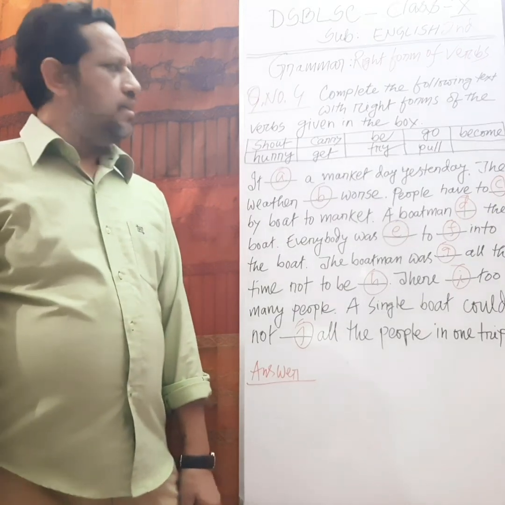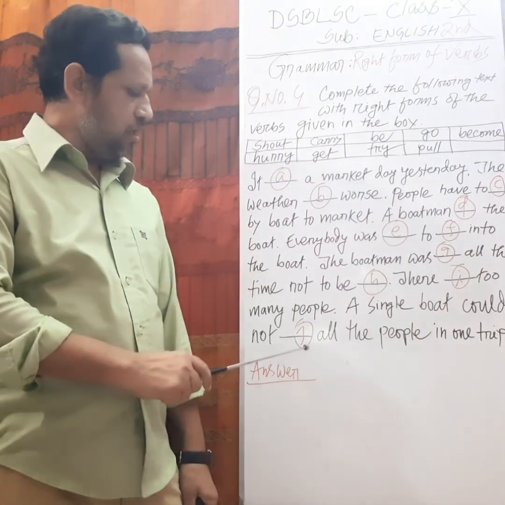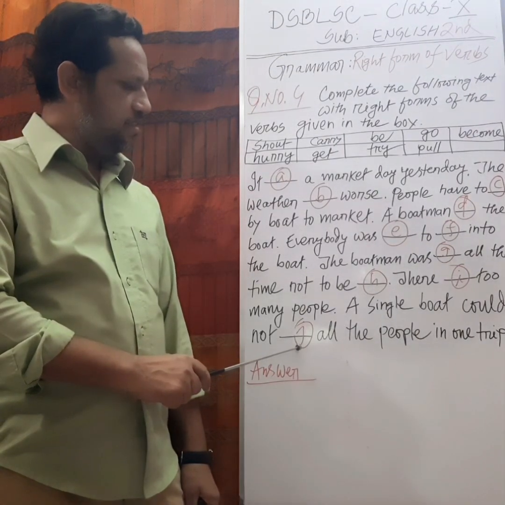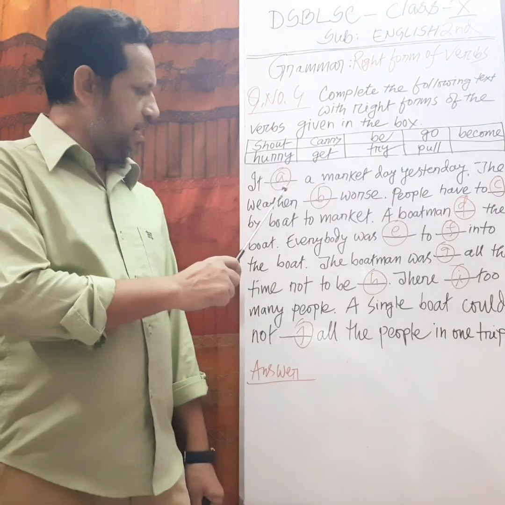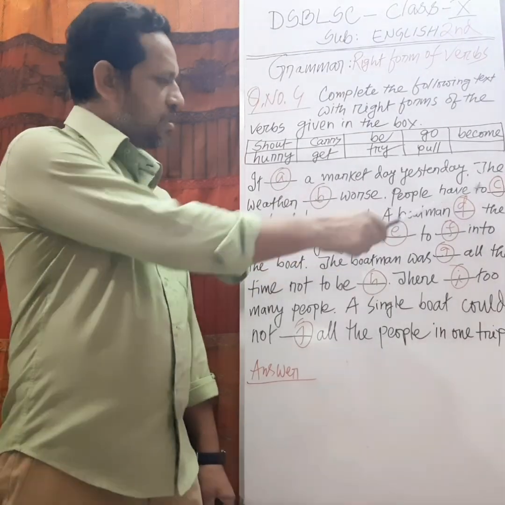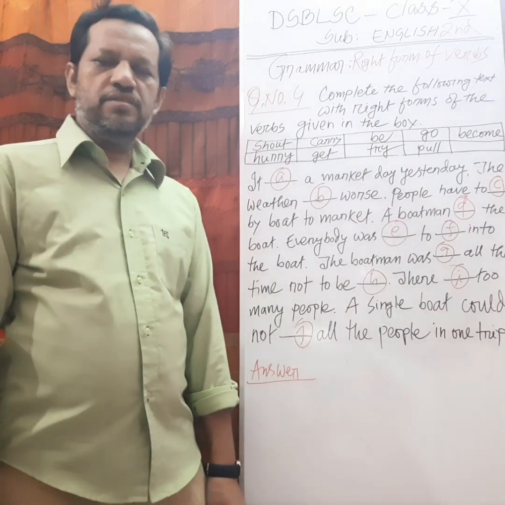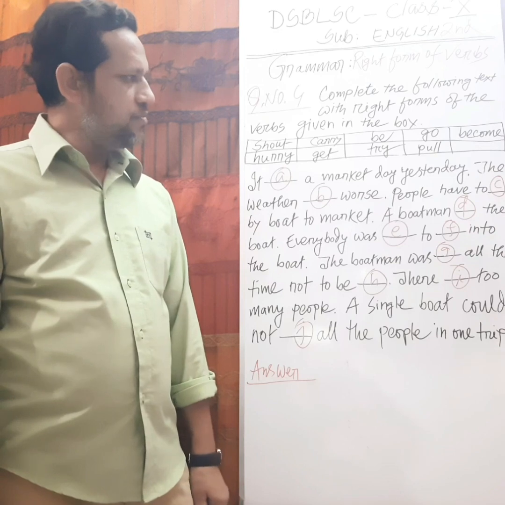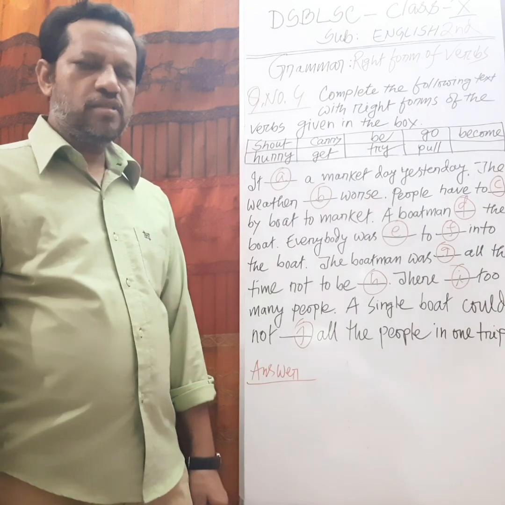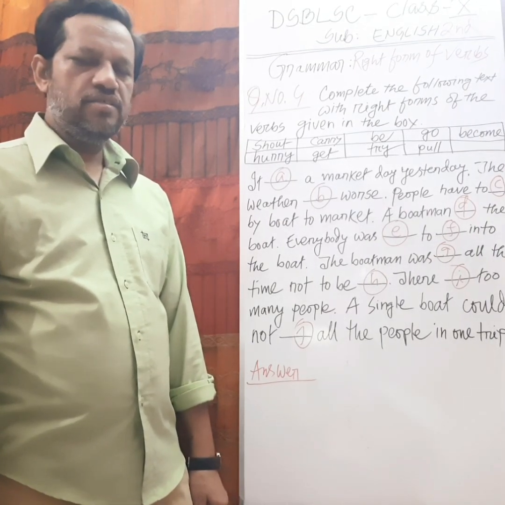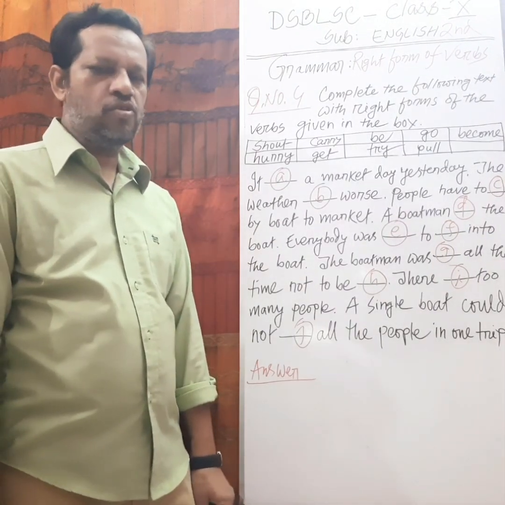Here you will be given a box, and under the box there will be a passage, and in the passage there will be 10 gaps: A, B, C, D, E, F, G, H, I, J. My dear students, you know that right form of verbs total marks was 5, but this year it is 10. So you have to be more careful about the topic.